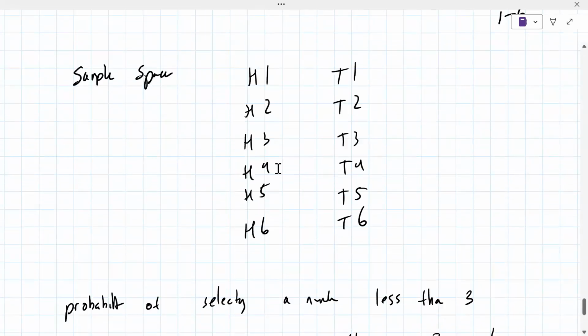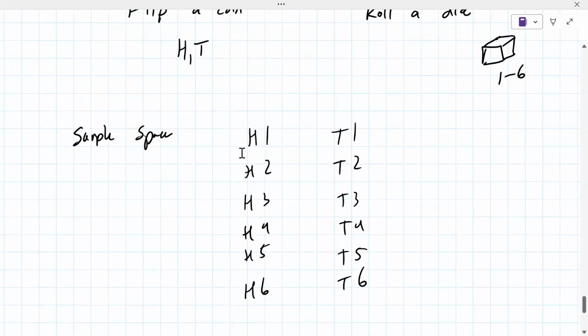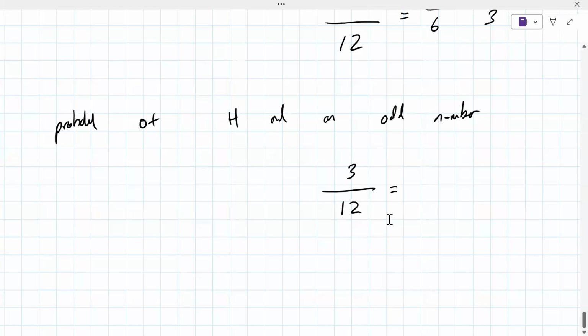Heads and an odd number, yeah, has to be both. 3 out of 12. Okay. What does that reduce to? That can be reduced to 1/4. 1/4.